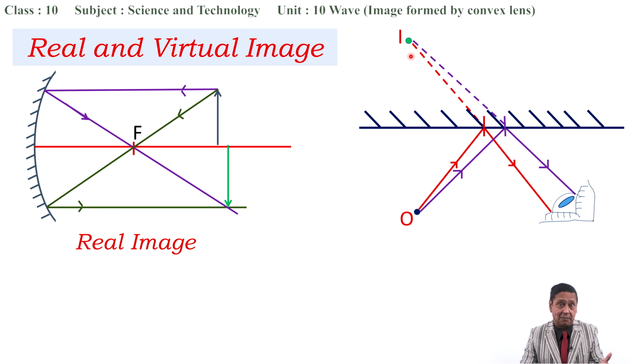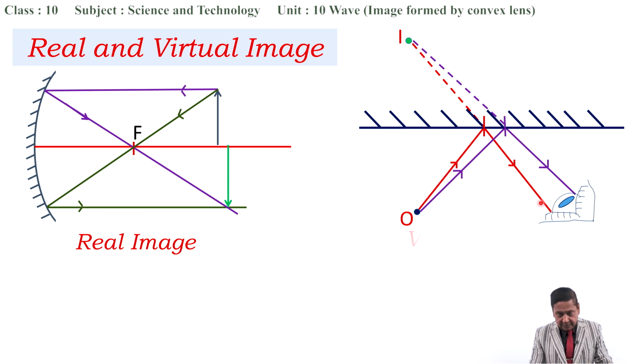The image can be seen, but light is not reaching, that's why this image cannot be obtained on the screen. This image could be obtained on the screen if we put a screen at this place, then we could get the image of this object on the screen. But here light is not reaching up to the image, the rays just appear to intersect at this point. That's why this image cannot be obtained on the screen but can be seen with our naked eye.